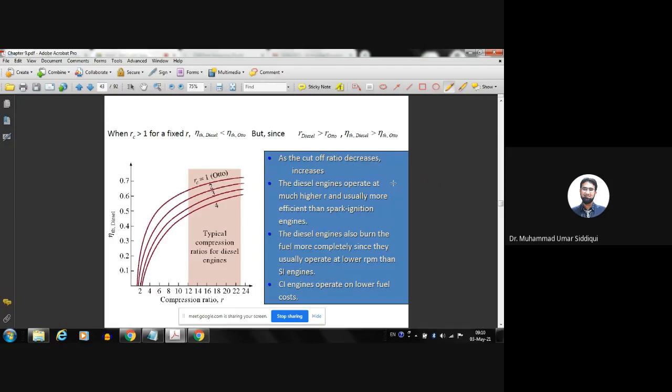Typically, the efficiency of a diesel engine varies with the compression ratio. If the compression ratio increases, obviously the efficiency increases. At the same time, the cutoff ratio also affects the efficiency of the diesel engine, and their variation is shown here. So you can go through the graph yourself.